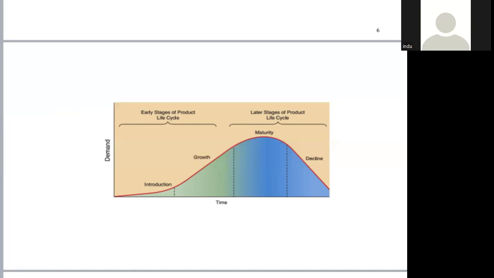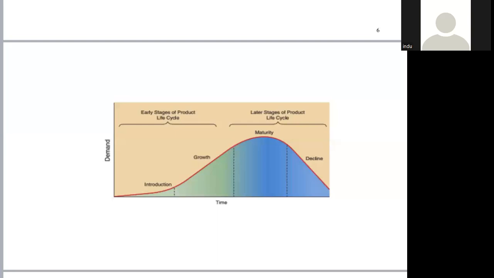Finally there is a decline in demand, that is the decline stage, because of new technology, right? Because of new technology, its demand decreases. That is the decline stage, because new and better product designs come to the market.